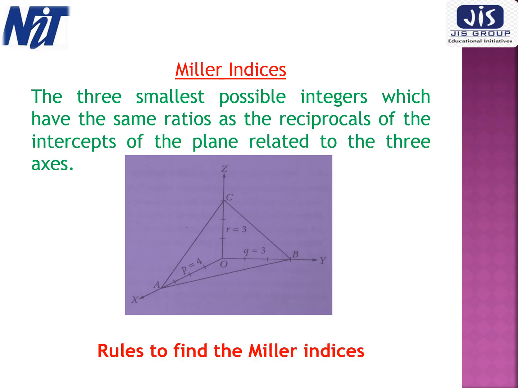Later on we will have to find the smallest possible integers h, k, l by multiplying the reciprocals by the LCM of p, q, r, such that h : k : l is equal to 1/p : 1/q : 1/r. Now the numbers hkl are the Miller indices and the corresponding lattice plane is represented by (hkl).